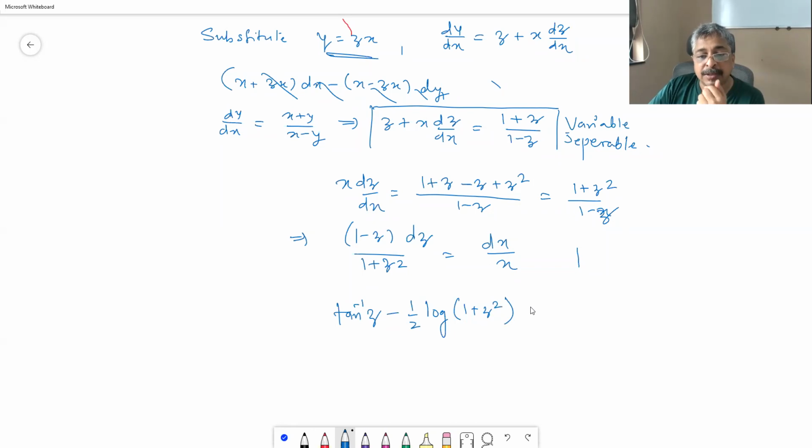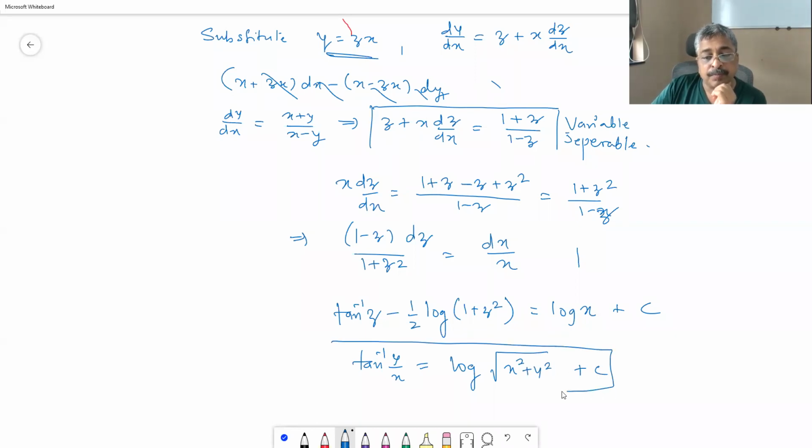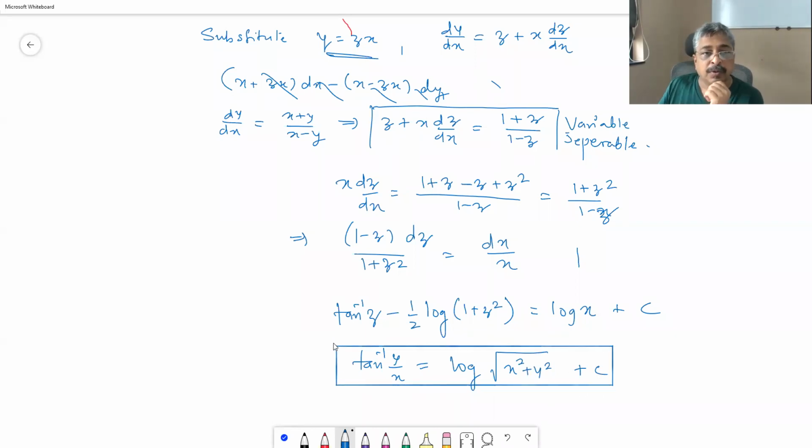This LHS is equal to log x on the RHS plus C, and therefore the final answer will be tan inverse y by x is equal to log radical (x square plus y square) plus c. This is the answer for the first.